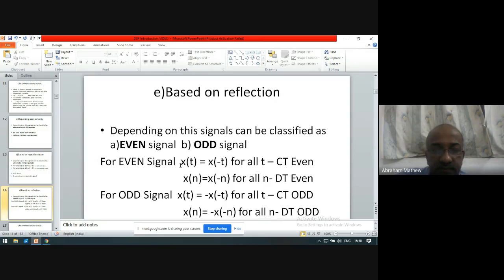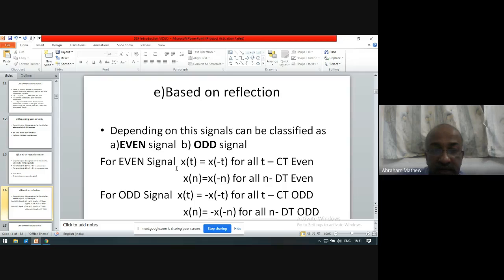What's the condition? For an even signal, x of t is equal to x of minus t for all t. Similarly, in the case of discrete, x of n is equal to x of minus n. If this condition is satisfied, then that signal is an even signal.